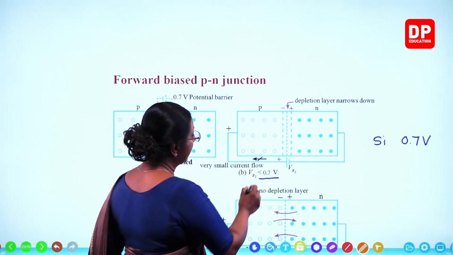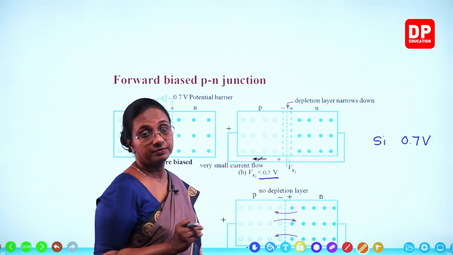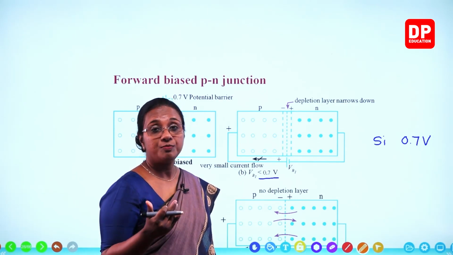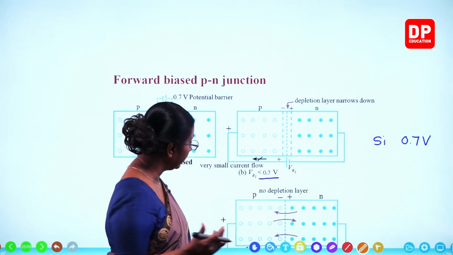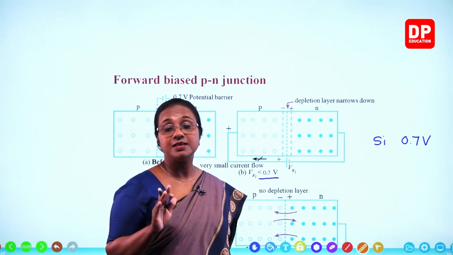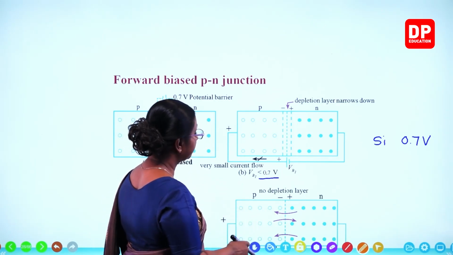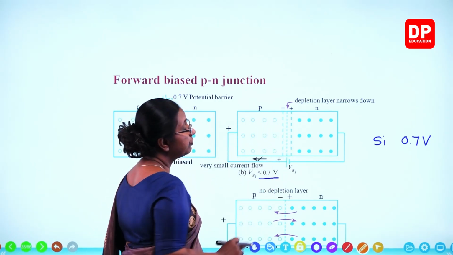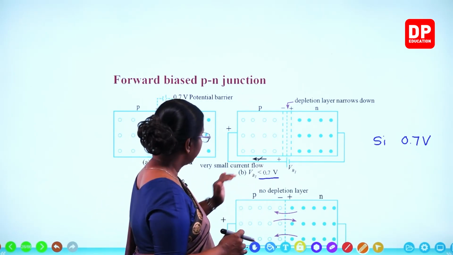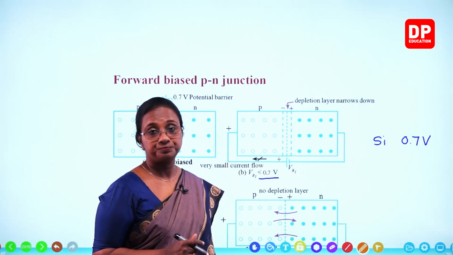So, the depletion layer has become narrower, but it has still not been overcome, because the supplied potential is less than 0.7 volts. That is not enough for current to flow across the PN junction. It is forward biasing, but still the current does not flow.